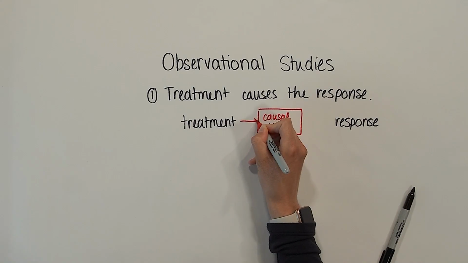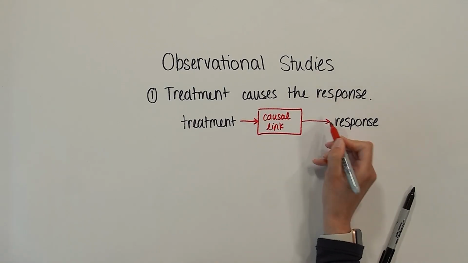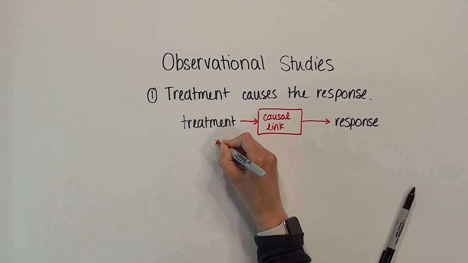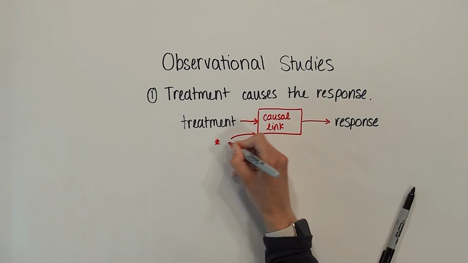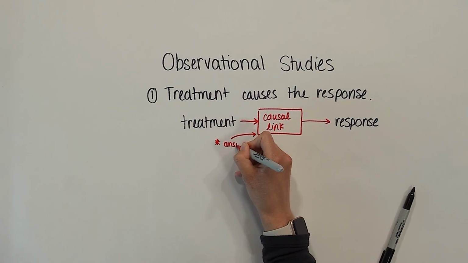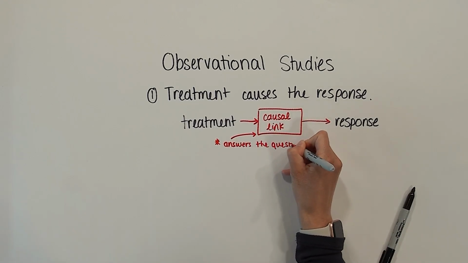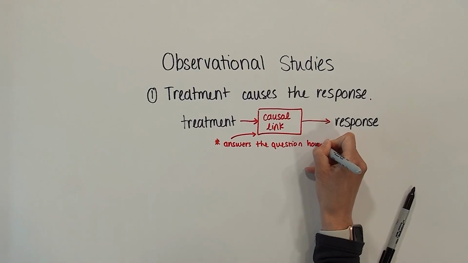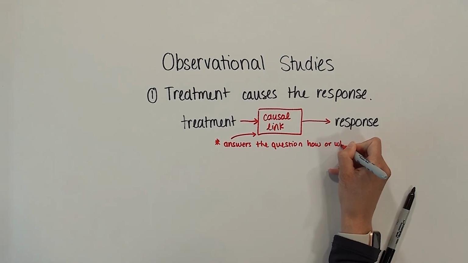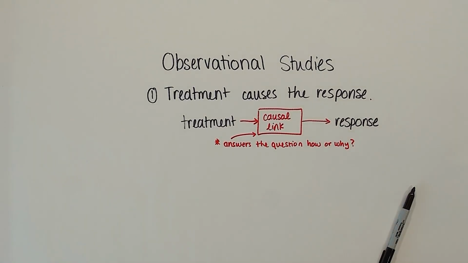The treatment is directly related to the causal link, which is causing the response. And the causal link answers the question, how or why? What exactly about the treatment is causing the response?